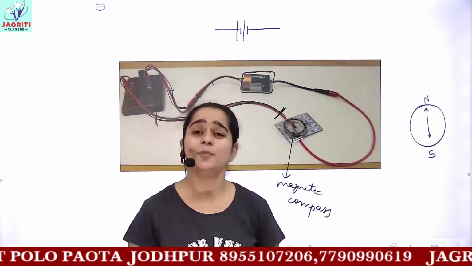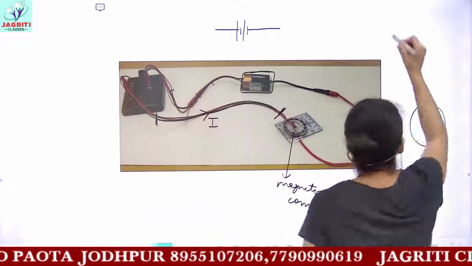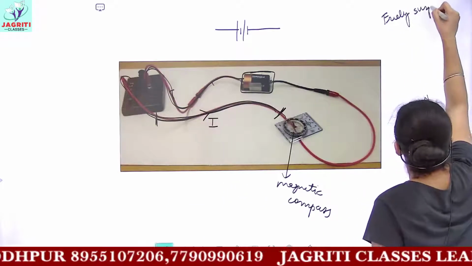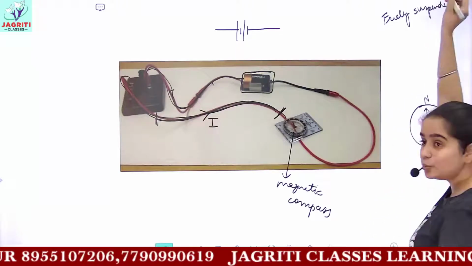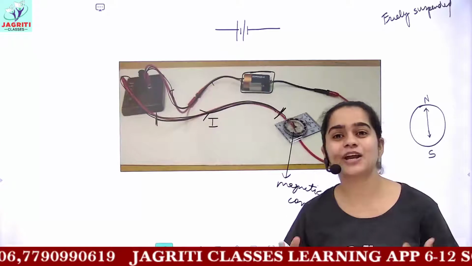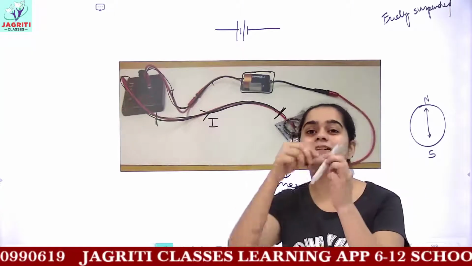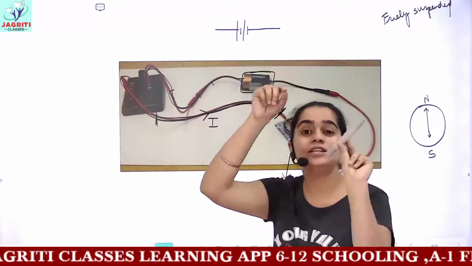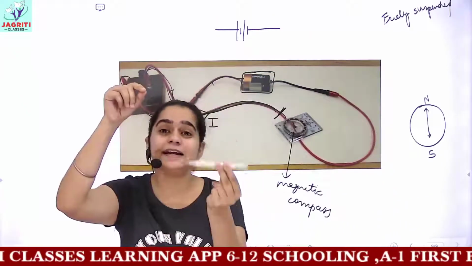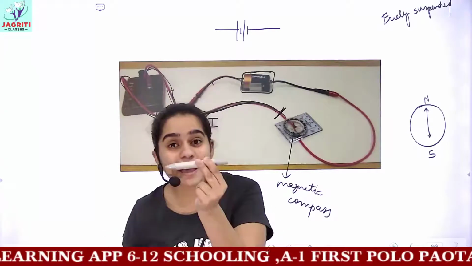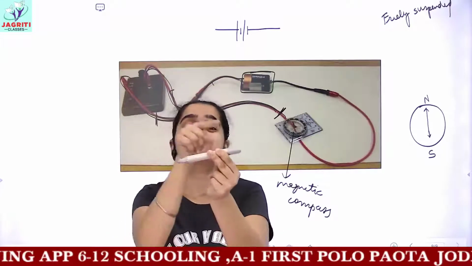This is a very common activity. So remember this fact, that a freely suspended magnet points north-south. If you are asked to prove it, you can explain the activity I told you just now: take a magnet, tie it with a thread and let it rotate freely. After some time, this freely rotating magnet would stop in a particular position, and this magnet always stops in a north-south direction.